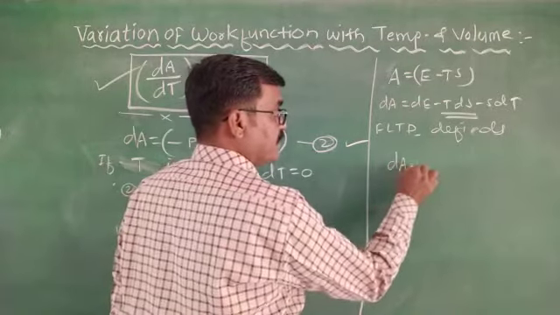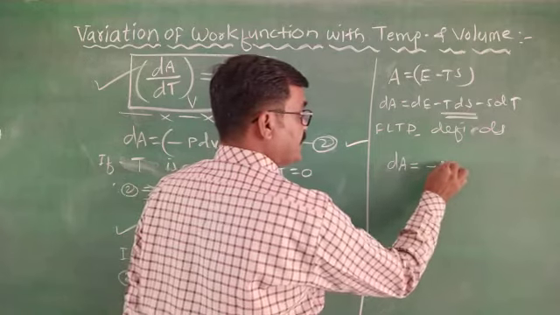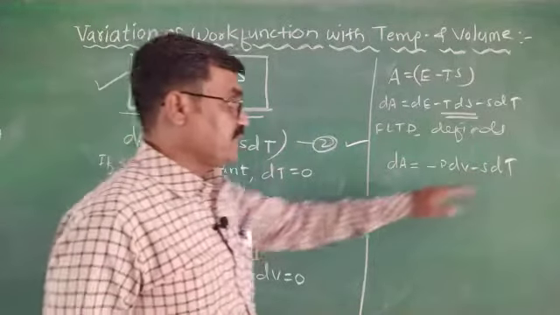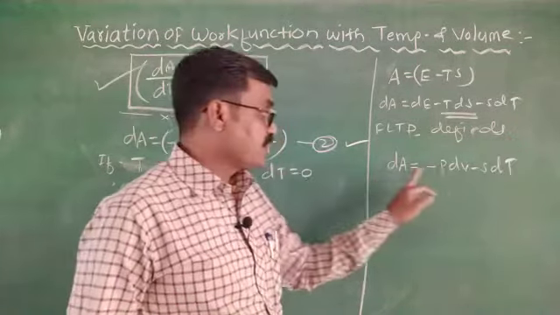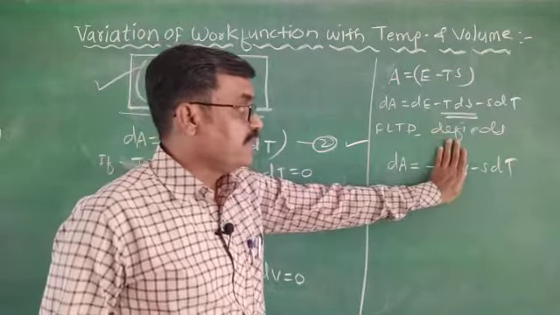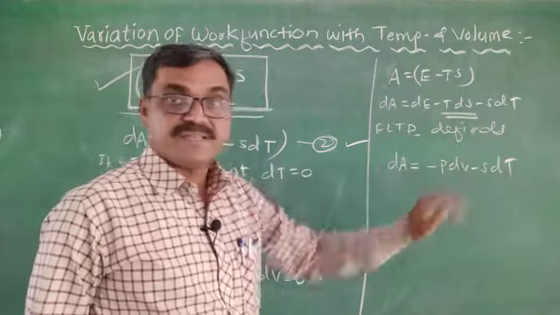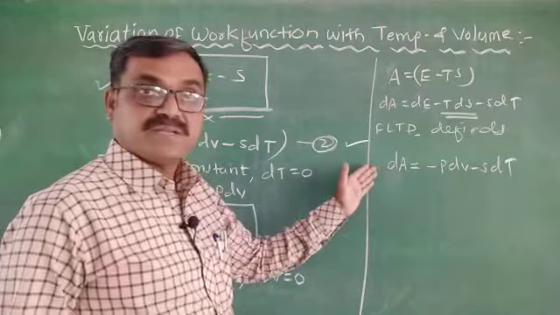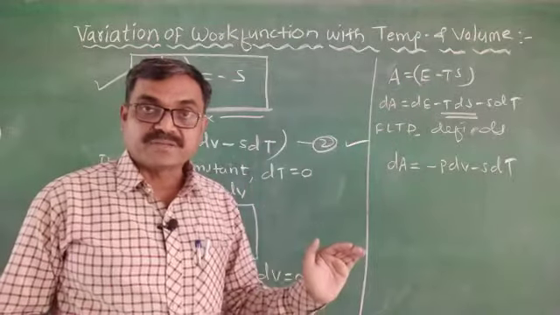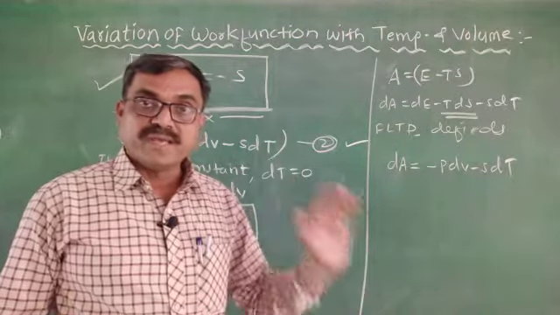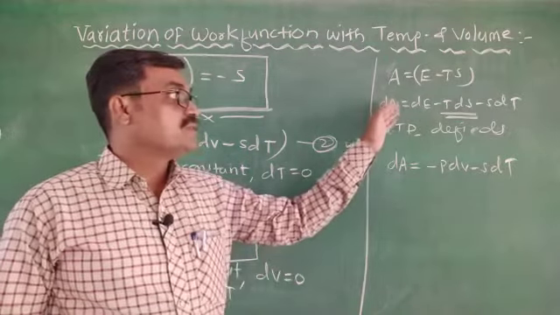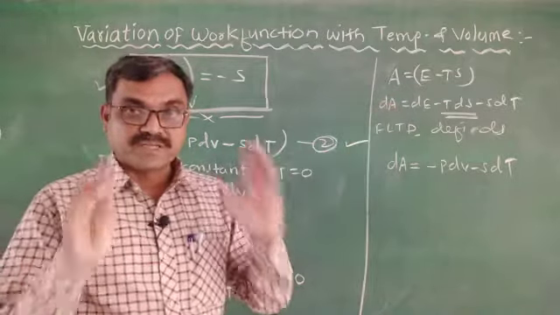Then the equation becomes dA is equal to minus P dV minus S dT. If temperature is constant, dT becomes 0, so dA upon dV at constant temperature equals minus P. If volume is constant, then dV is 0 and dA equals minus S dT. What a simple thing it is. To remember: only A equals E minus TS, then differentiate, then use the first law, then use dS equals dQ upon T by definition, and put it in this equation.